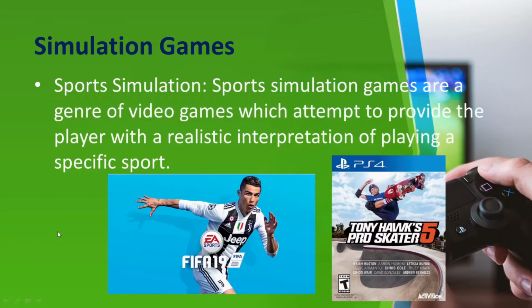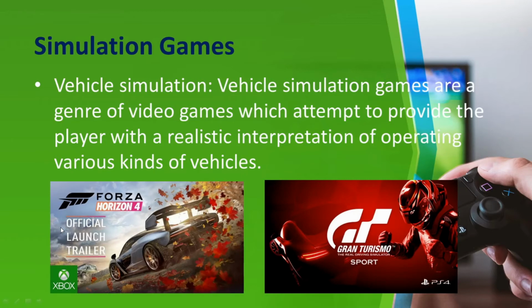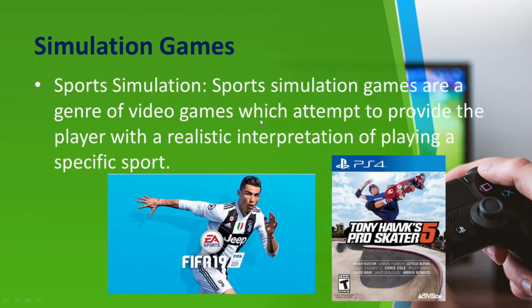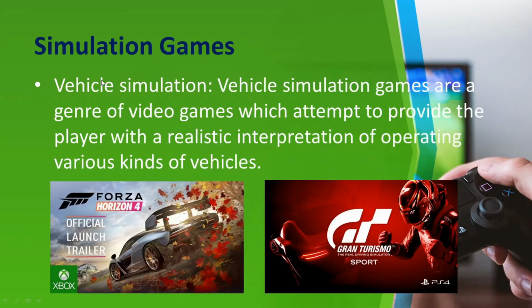Next, let's continue. Aside from sports simulation, we also have your vehicle simulation. Vehicle simulation games are a genre of games which attempt to provide the player with a realistic interpretation of operating various kinds of vehicles. What's the main difference in terms of setup between sports simulation and vehicle simulation?